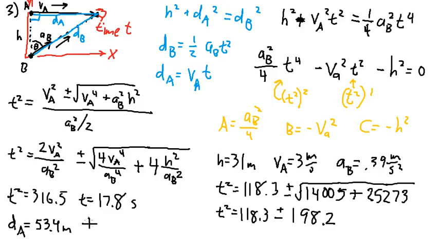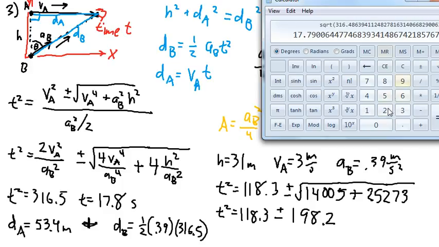And d sub b is going to be 1/2 times 0.39 times t squared, which is just 316.5. So let's plug this in and hope this works.